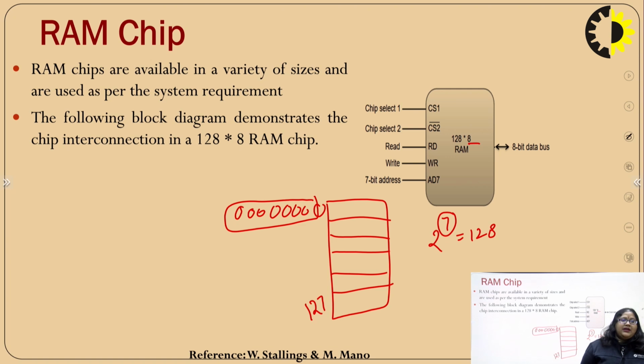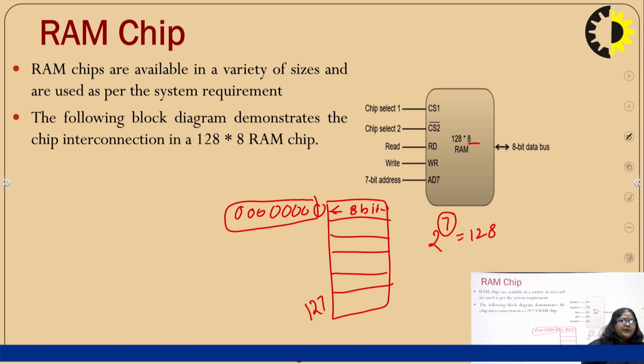These 7 bits are recognized as the address bits for the first word, and this word has 8 bits. So this is the complete recognition of 128 into 8. There are 128 words, that is 0 to 127. These 128 words are saved in this memory, and each word has 8 bits. So this is the complete organization of the RAM memory.